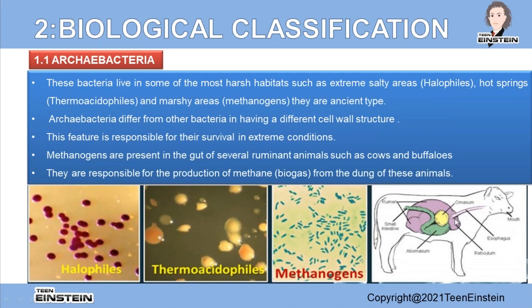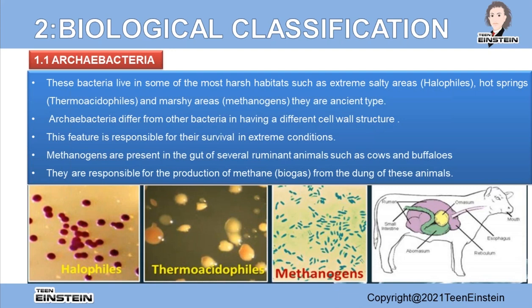And these methanogens are responsible for the methane from the dung of animals. So this cow or buffalo will take plant-based food, and before digestion, in the specialized stomach, this reaction takes place with the help of this microbial action.